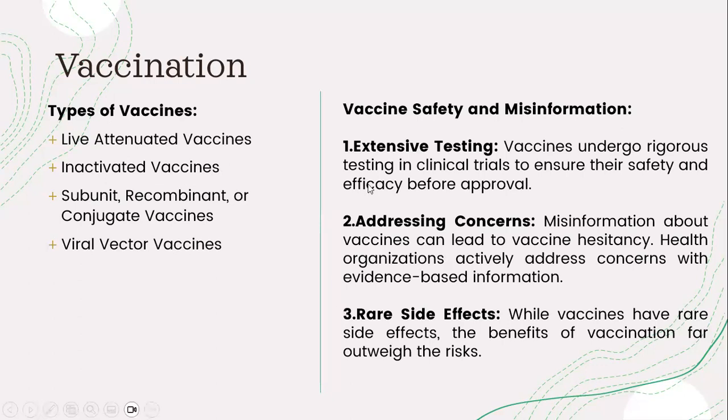Okay. So vaccine safety and misinformation. One thing that people don't know is that there is extensive testing being done in vaccinations. We don't just release vaccines into the public. There are several stages of clinical trials that have to go. So vaccines undergo vigorous testing and clinical trials to ensure their safety and efficacy before approval.